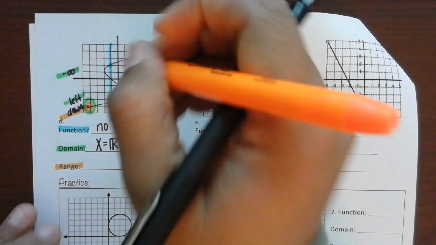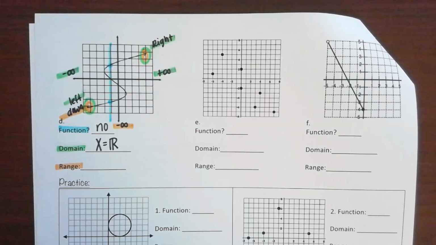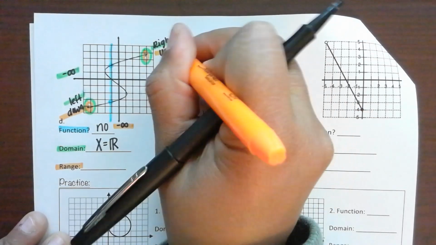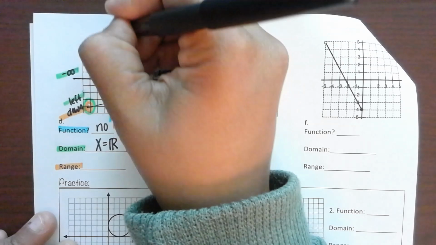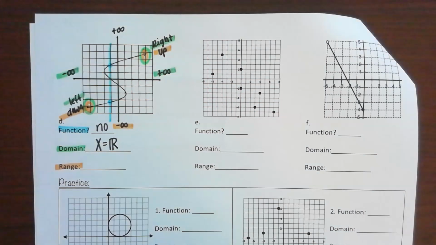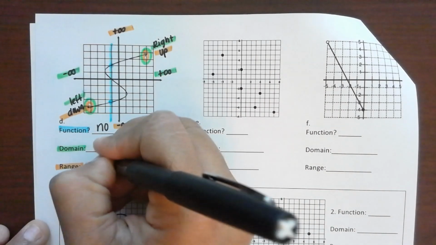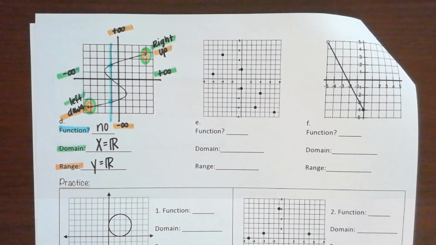Because where's this arrow going? Towards. So what would be my range? That is a cube root function that we're looking at, by the way. That's that sideways S shape. Any questions there?